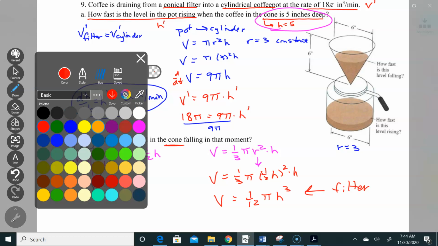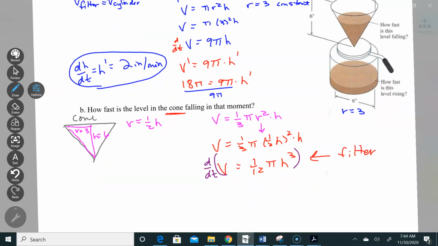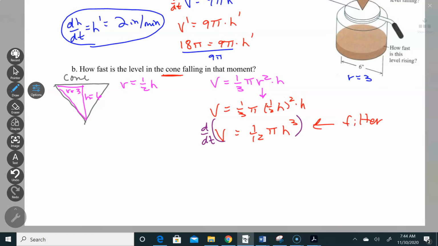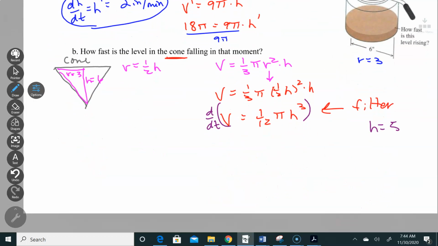I could take its derivative, d dt of all this, which we did earlier. We also know this information here: the height in the cone is equal to 5. I get V prime is equal to 1/4 pi h squared times h prime.